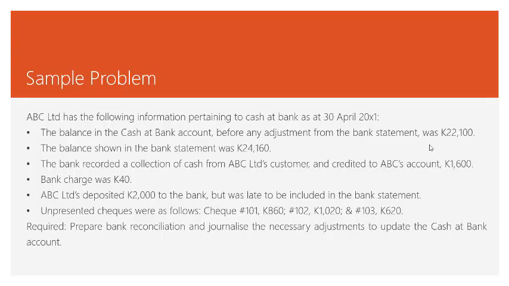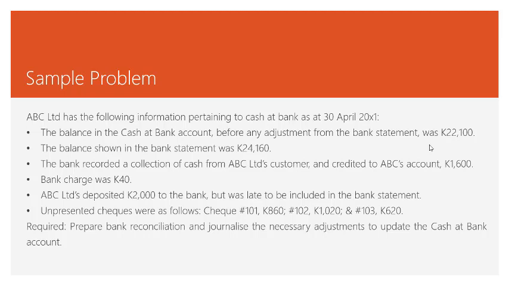Okay, so you can see in this problem, the cash at bank account and bank statement balance are given. Now, the third bullet is a collection made by the bank on behalf of ABC Limited. This is an item appearing in the bank statement but not yet recorded under the cash at bank account.